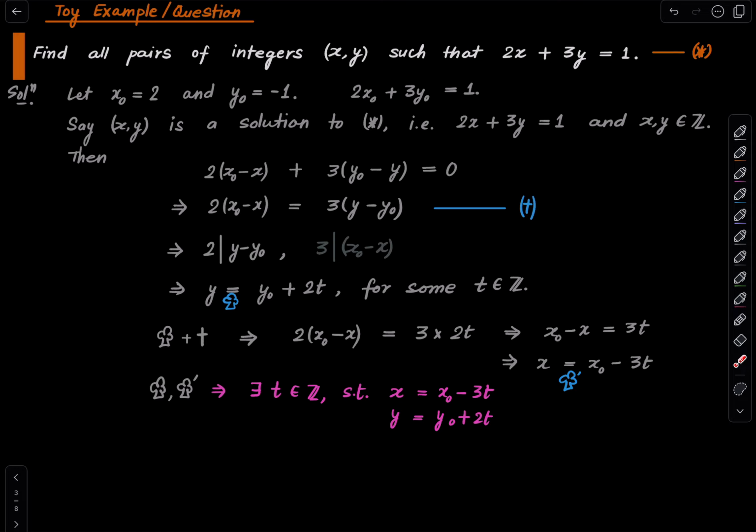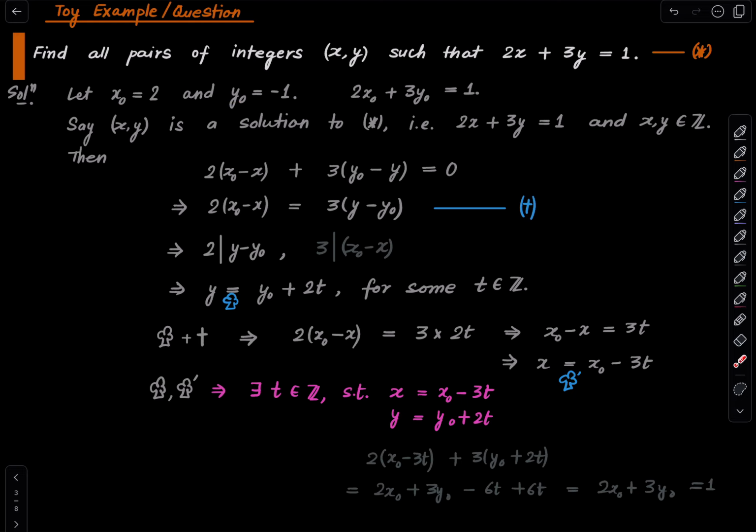But the converse is trivial. If you take x as that and y as that, it is trivial to verify that this equation will be true. Why? Because twice of x naught minus 3t plus thrice of y naught plus 2t is equal to twice x naught plus thrice y naught minus 6t plus 6t, which is 2x naught plus 3y naught, which is 1 because x naught and y naught were chosen as such.